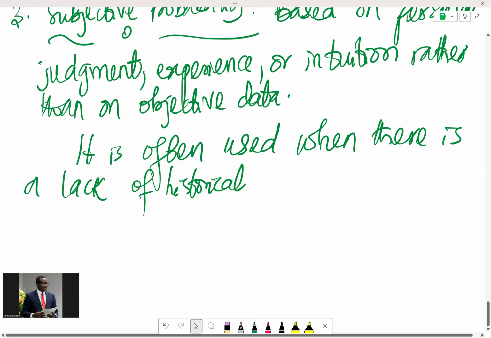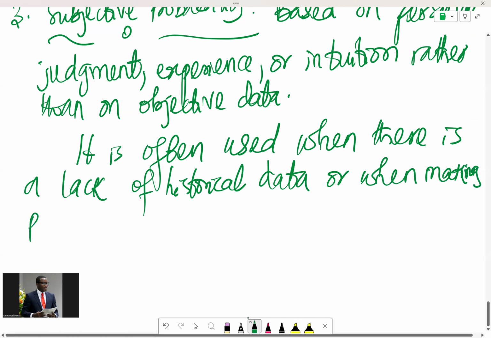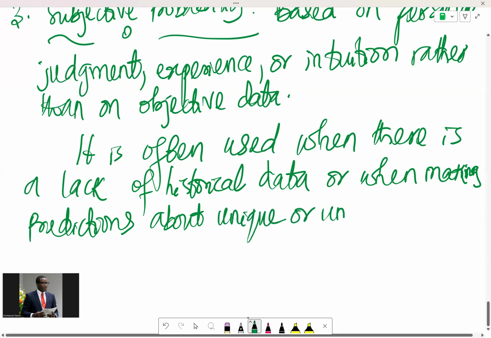So if there's no data to fall back on, or when making predictions about unique or uncertain events. Okay, so that's possible sometimes.